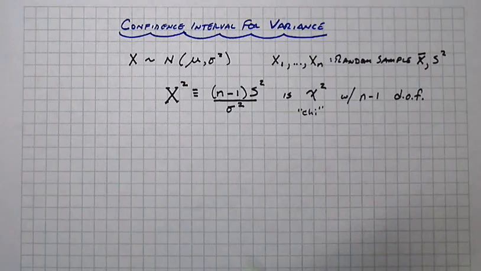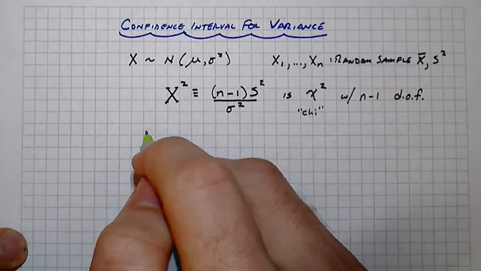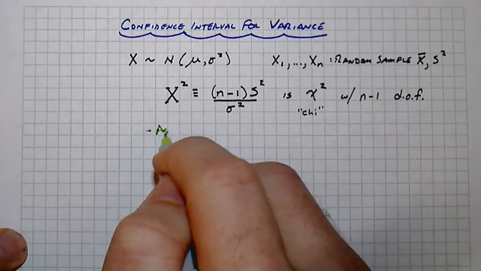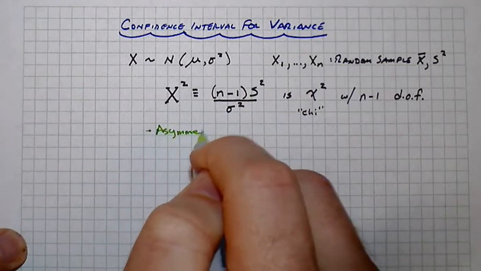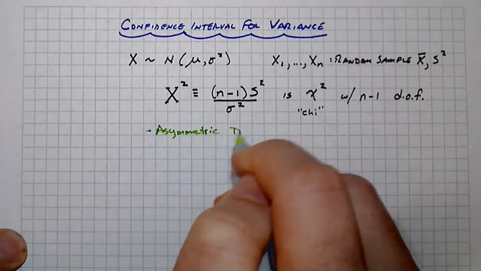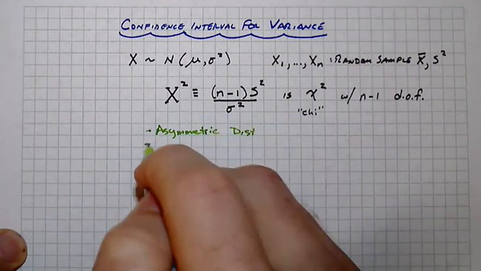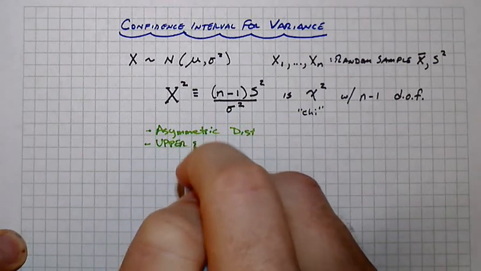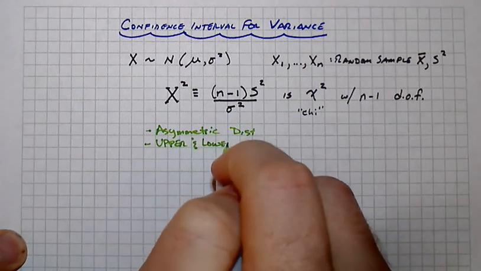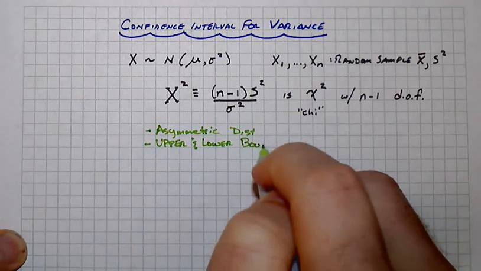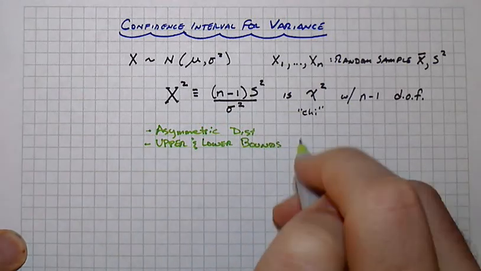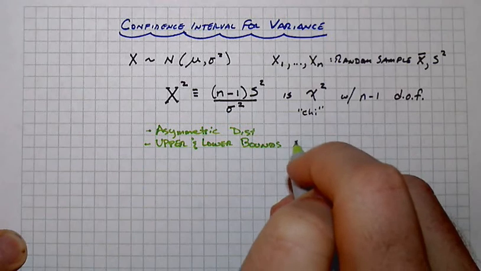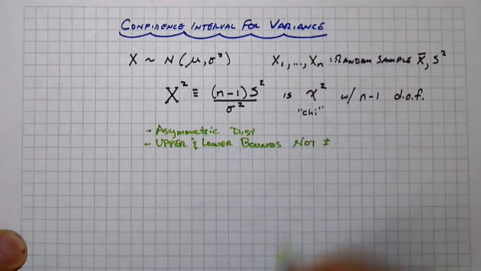But a couple of key properties that we want to keep in mind here. Again, it is an asymmetric distribution, and because of that, the upper and lower bounds from a confidence interval standpoint are not going to be just plus and minus values of each other.